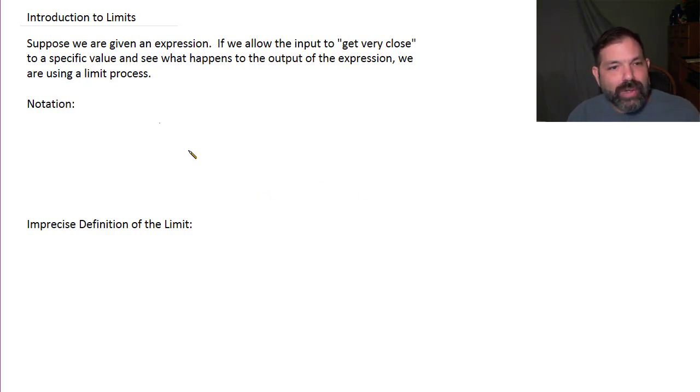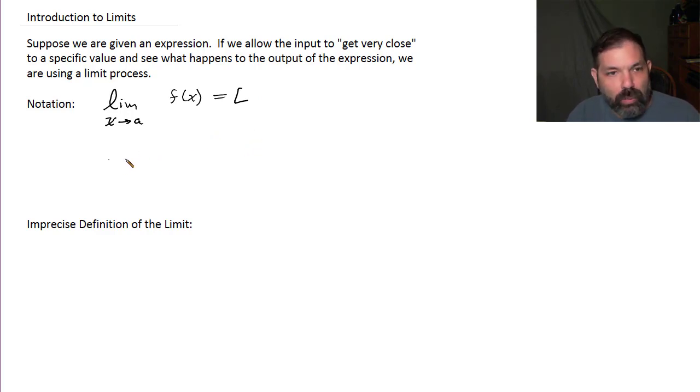All right, so the notation. The notation looks like this: lim, that's the limit, as the input, I'll use x for the input, approaches some value a of some function is L. So this is the notation we use for the limit.